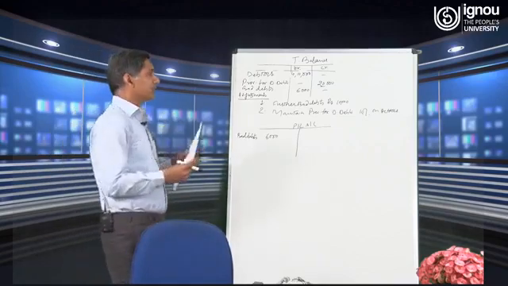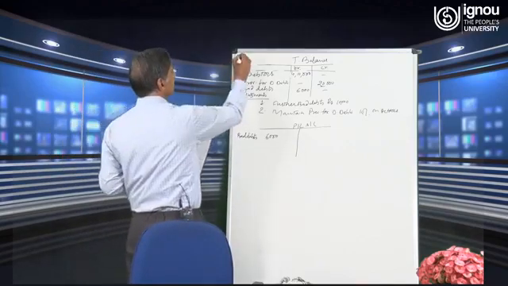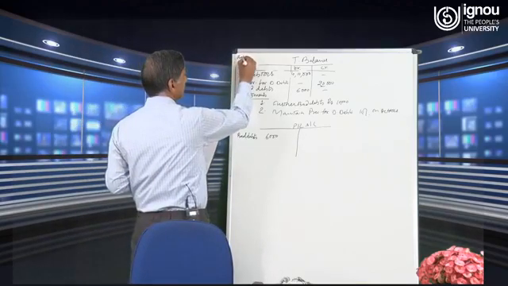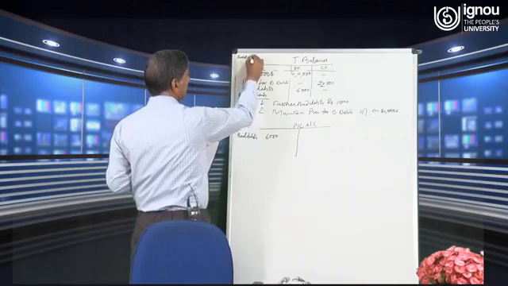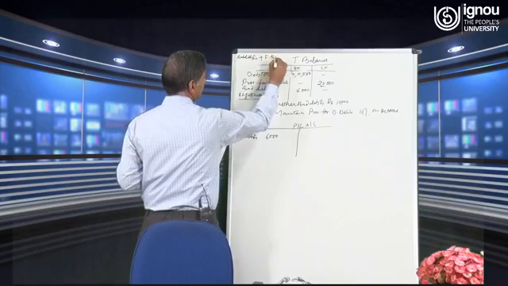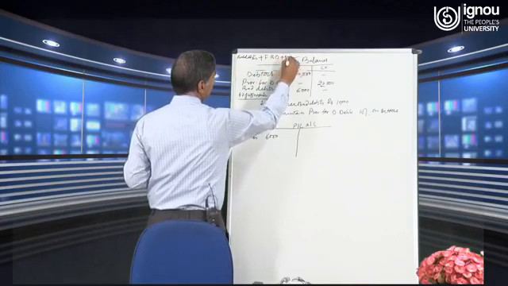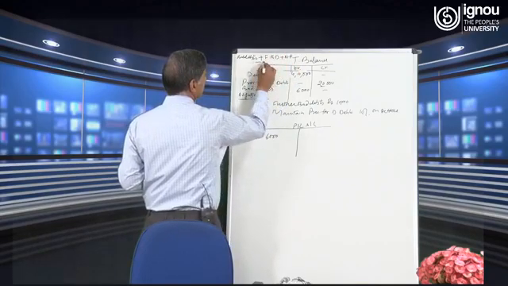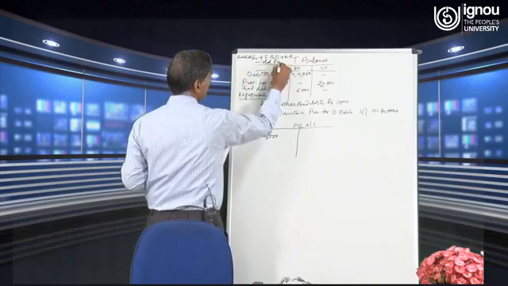The equation is bad debts plus further bad debts plus new provision minus old provision.